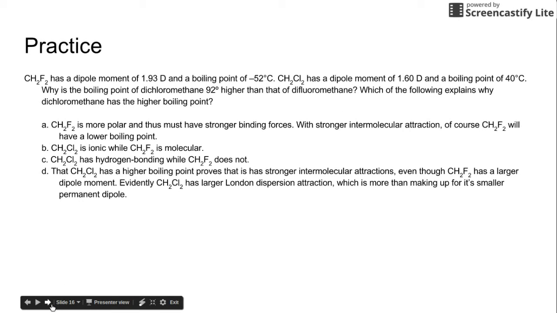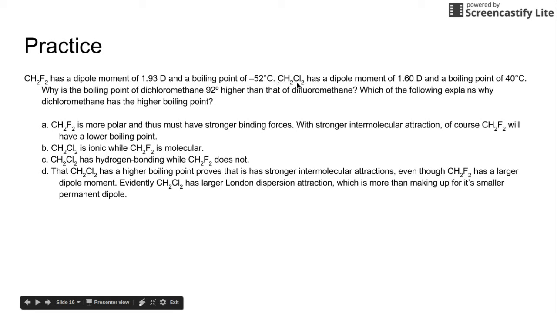Here's another practice type problem, and in this one they're actually giving you a measurement of the polar nature of the bond, and it does have these units here with a capital D, and it's the dipole moment. So this molecule, which is going to be difluoroethane, has a dipole moment of this, and here's its boiling point.